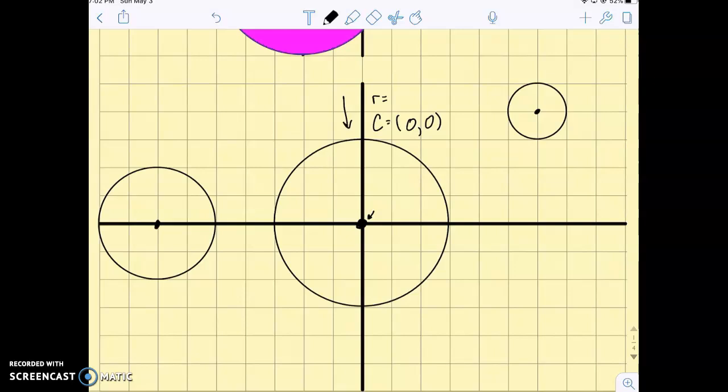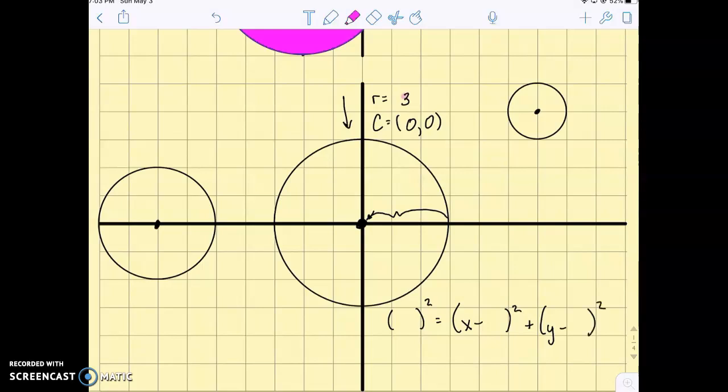Then I need the radius. That's the distance from the center to the circumference of the circle. How wide is my radius? Not the diameter, just the radius. Very good. So now I have another skeleton. They keep coming back. I have r squared equals x minus h squared plus y minus k squared.